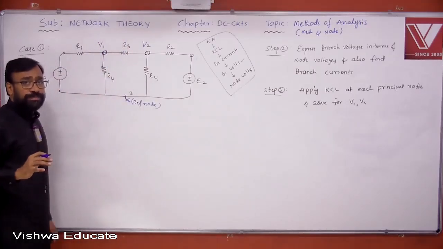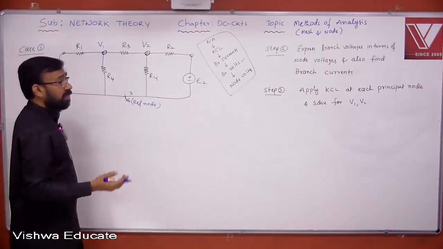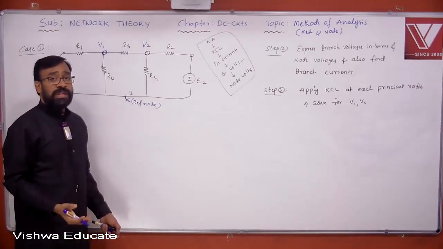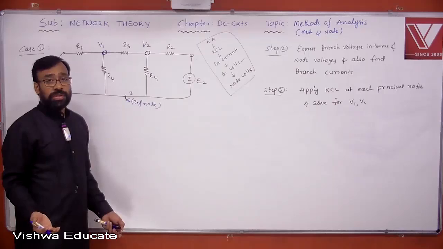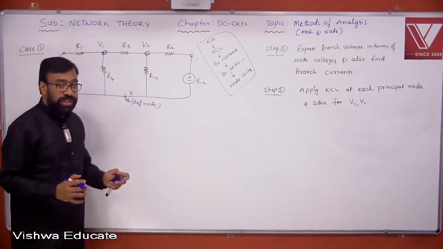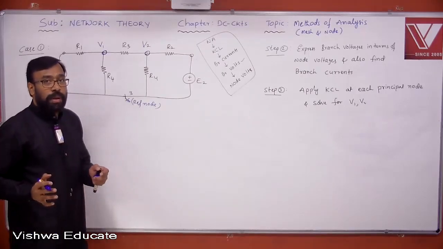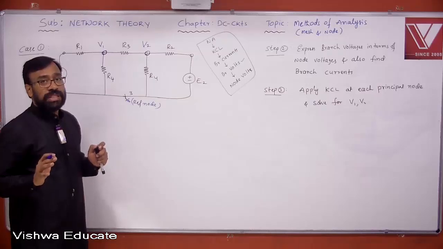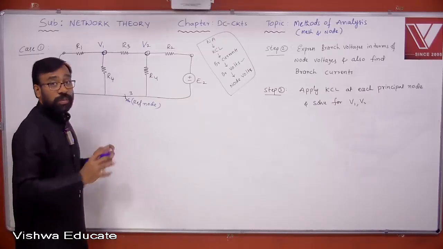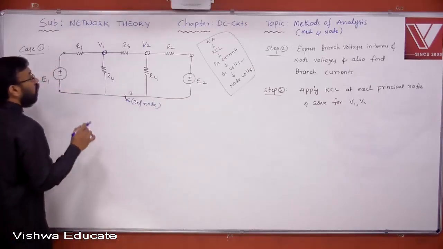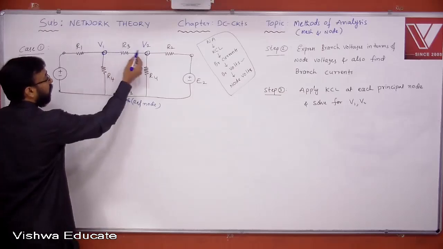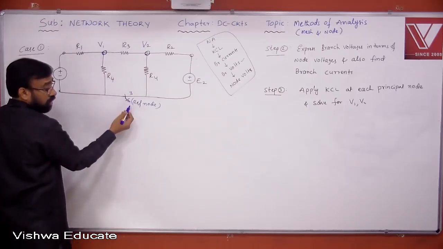Just an assumption. Okay, we do not know, after solving V1, V2, we may get V1 as 10 volts and V2 as minus 20 volts. We don't know that. But to start with the problem, we make certain assumptions. These assumptions will help you a lot in writing down the equations. Now, what is that assumption? First assumption, V1, V2 are greater than the reference node voltage.